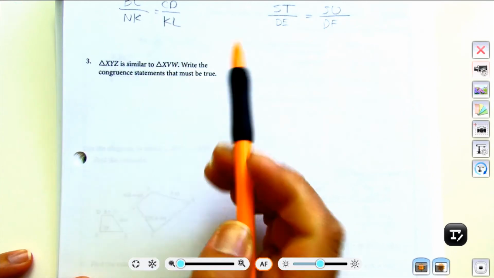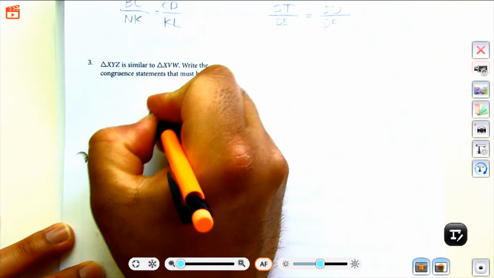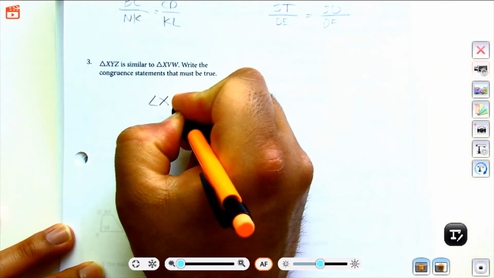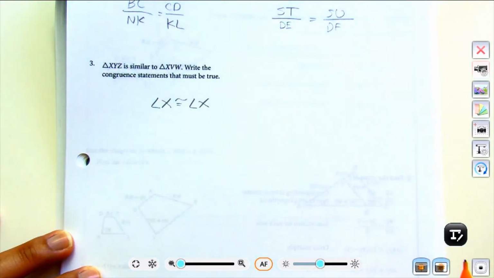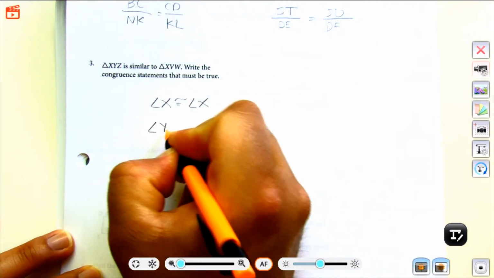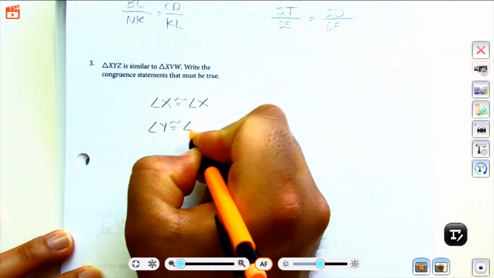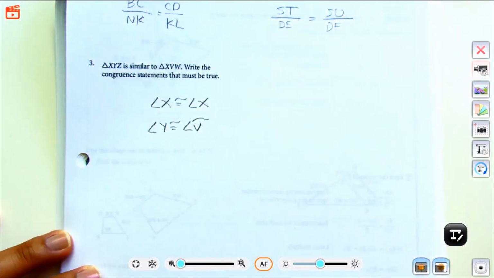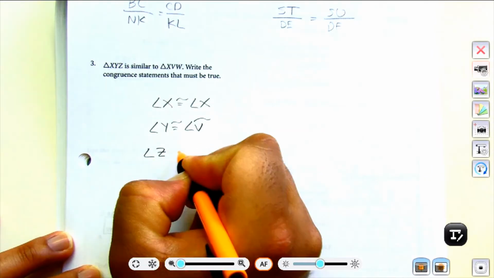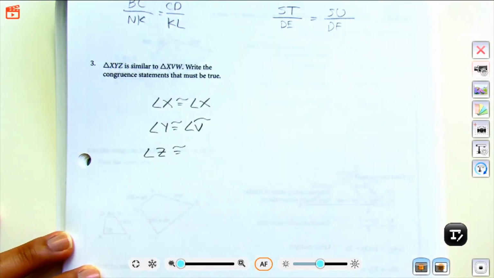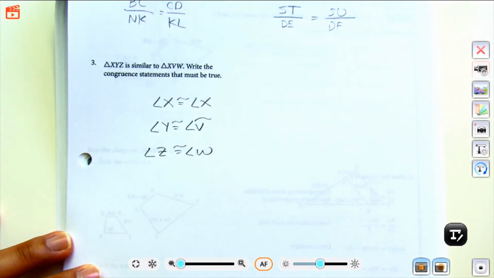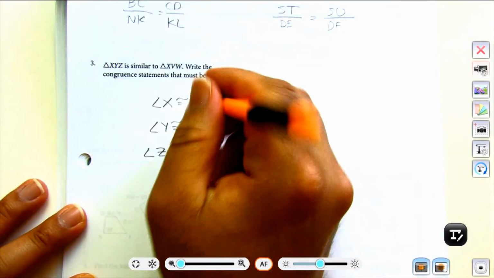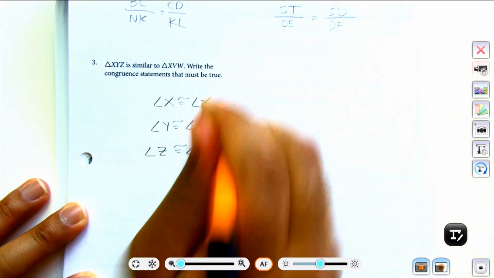So we could say angle X is congruent to angle X. We could say angle Y is congruent to angle V. Angle Z is congruent to angle W. Those are your congruent statements.